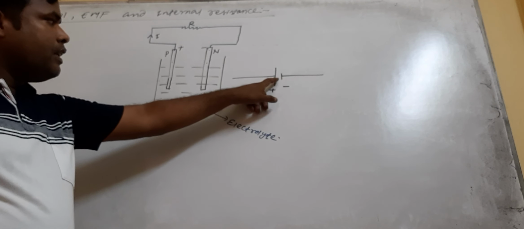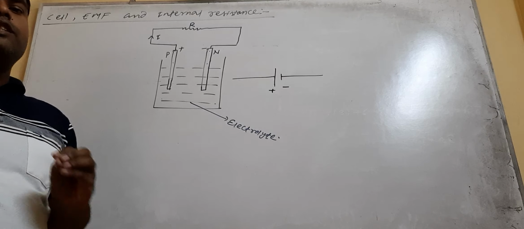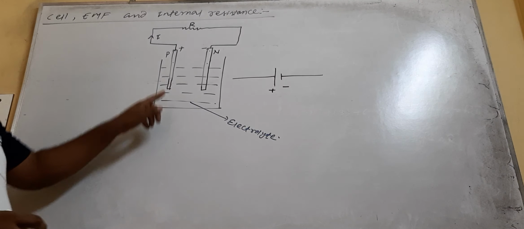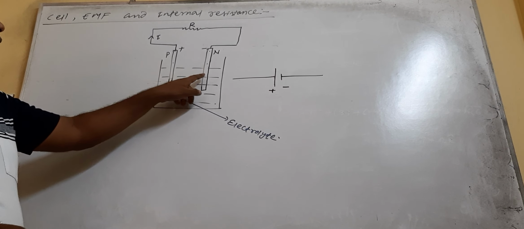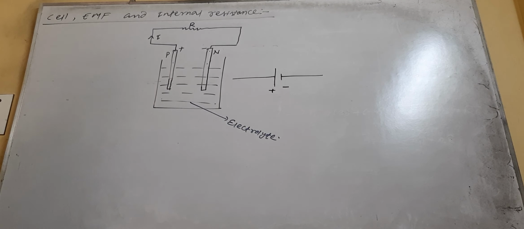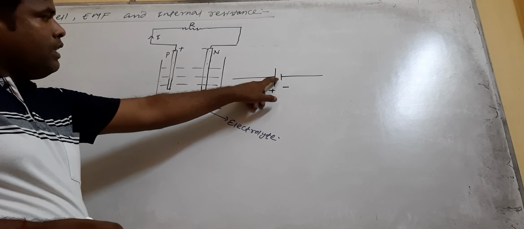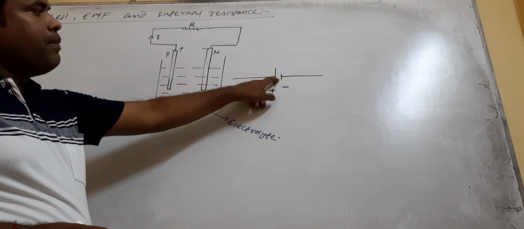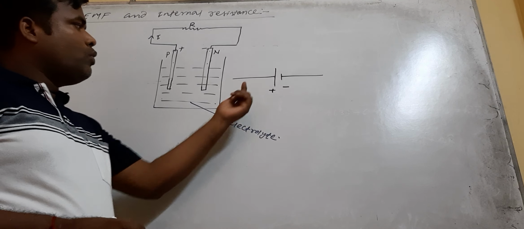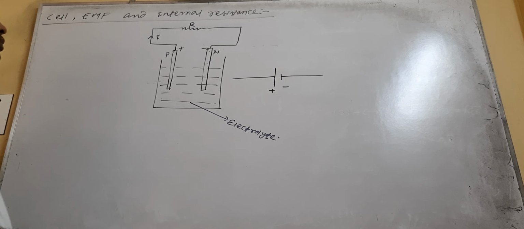That gap represents the presence of electrolyte in the cell, between the two electrodes or in between the two terminals of the cell.